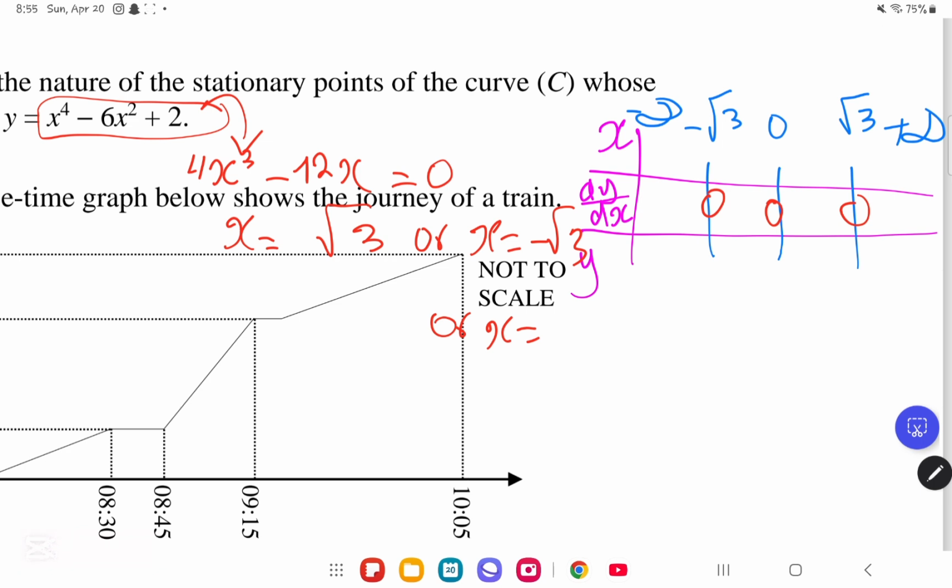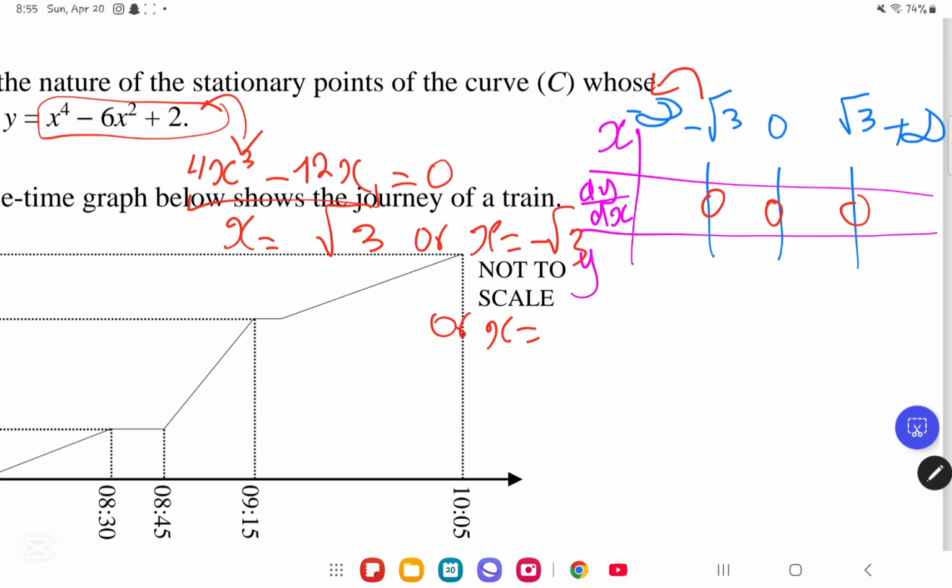Now what we're going to do is very important. We're going to choose a value less than minus radical 3, in between minus radical 3 and minus infinity. For example, let us take minus radical 5. It's a number less than minus radical 3, and you will substitute it in the derivative.